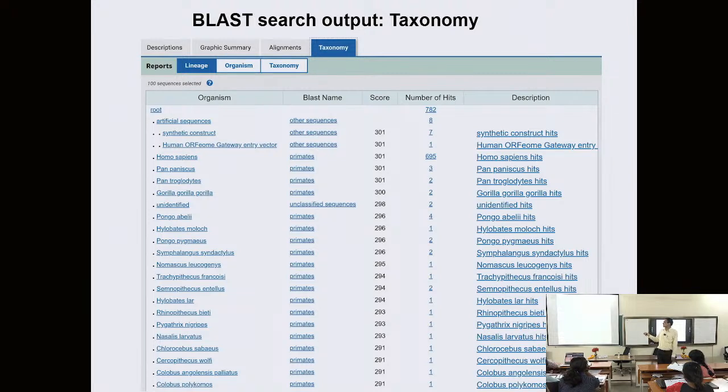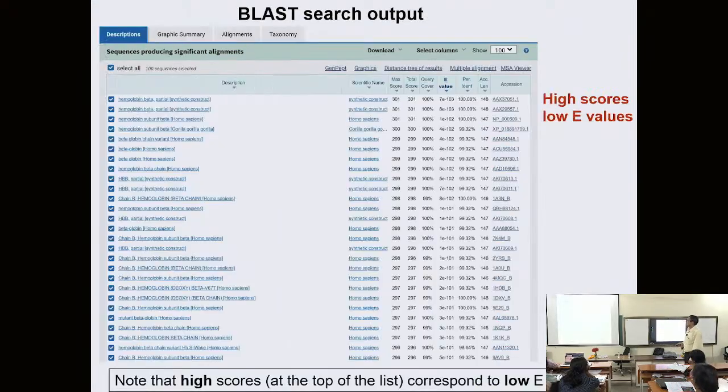But the top ones of course here are primates. The sequence was a human sequence. So you would want to see the taxonomic grouping of the hits by clicking on taxonomy. Okay, good.